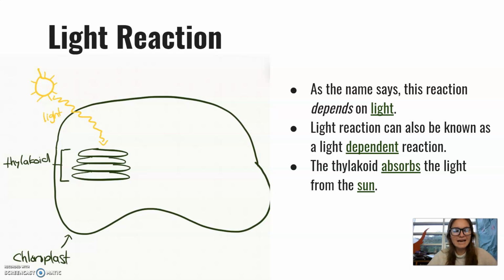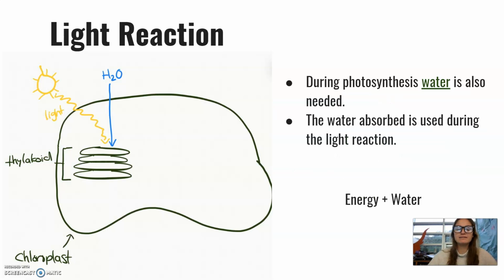The first thing that we're going to see happen is light. And obviously this is called the light reaction. It depends on light. The entire reaction depends on light. So what we see is that the thylakoid is absorbing this light energy from the sun. Makes sense. It's also absorbing water.